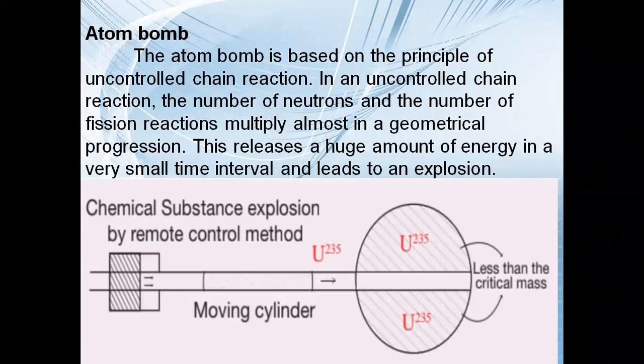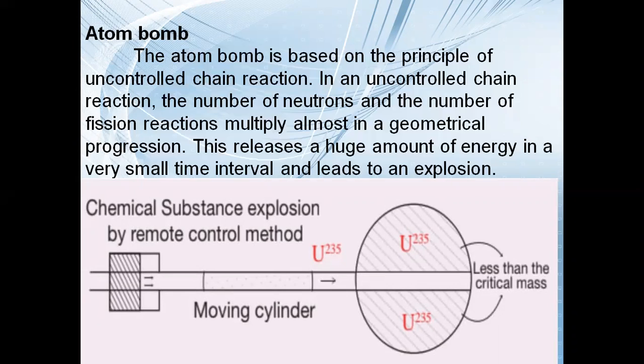In the process of nuclear fission, the energy released is about 200 million electron volt.